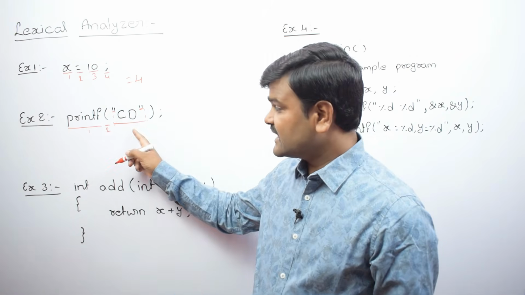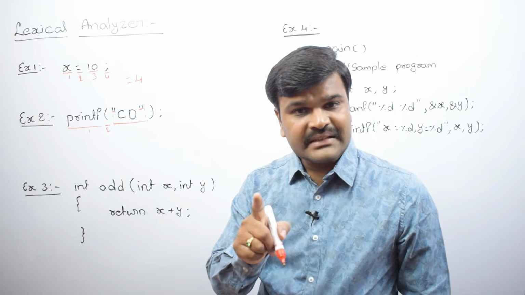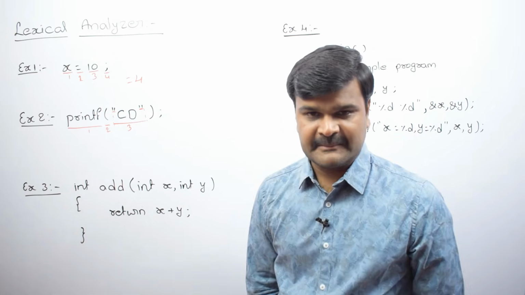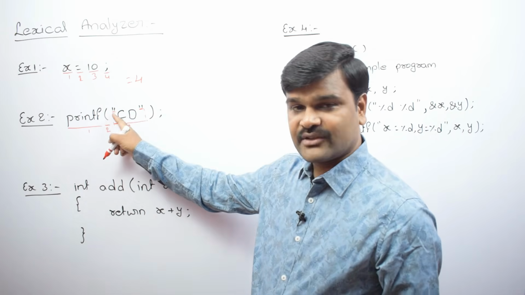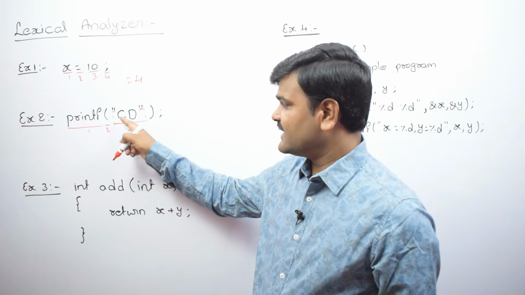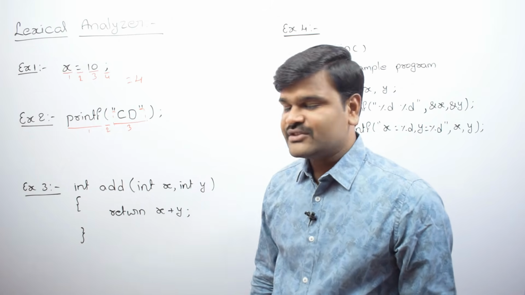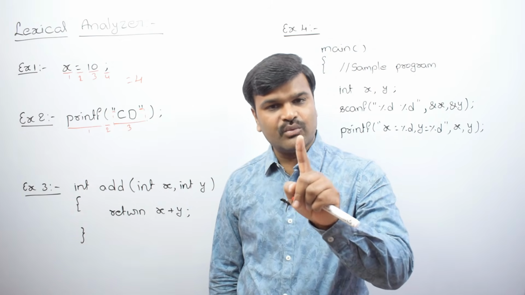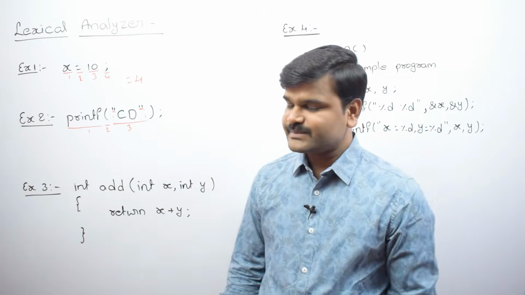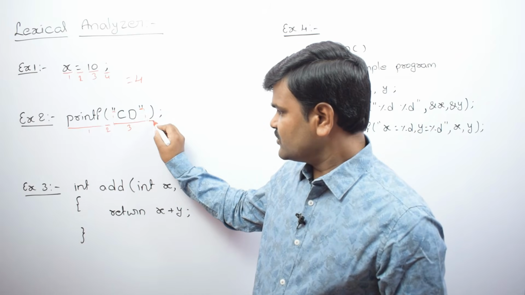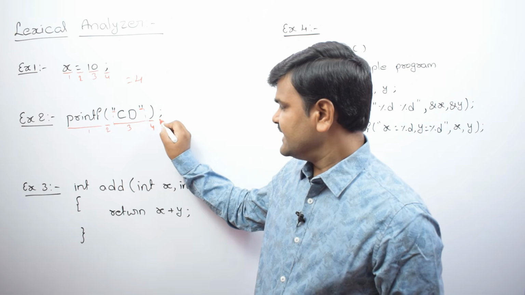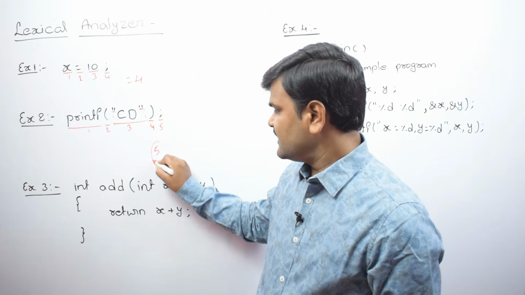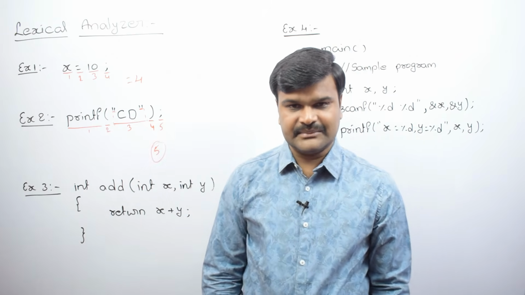So, this whole thing becomes one token, that is why this is the third token. Do not take this as a separate token and this as a separate one and the middle as a separate one. That whole thing is the string constant, so it becomes one token. Then next, if you scan the close brace, fourth token, then this is the punctuator, fifth token. So, here a total of 5 tokens are there in this example.